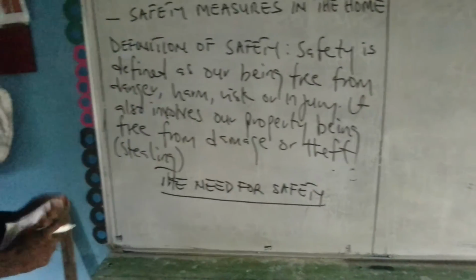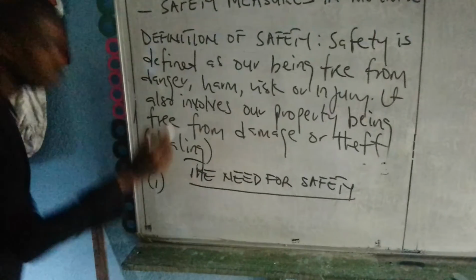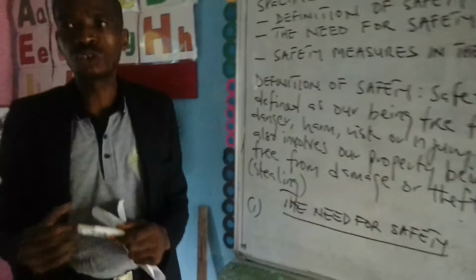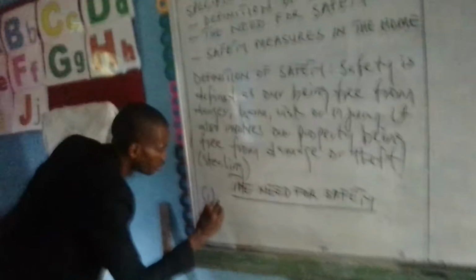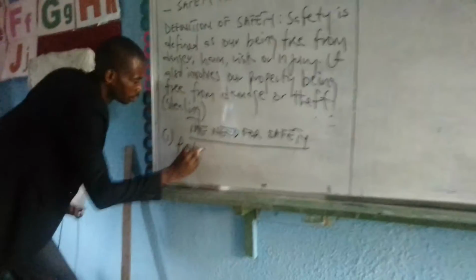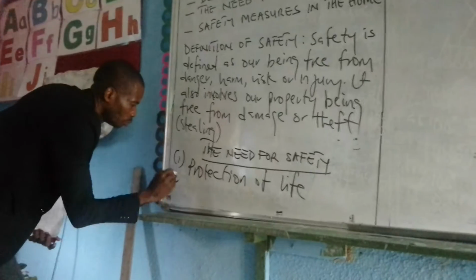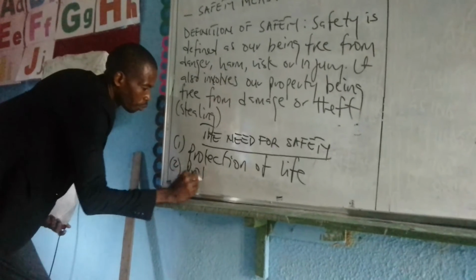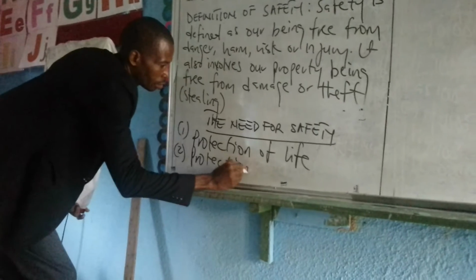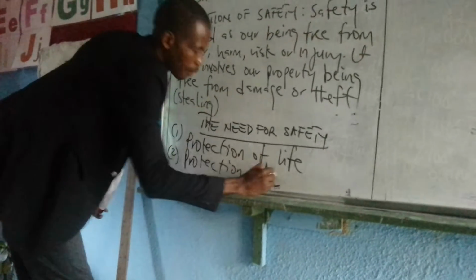Number one need for safety we are going to consider is protection of life. Let me highlight them before I explain. Number two, protection of property.